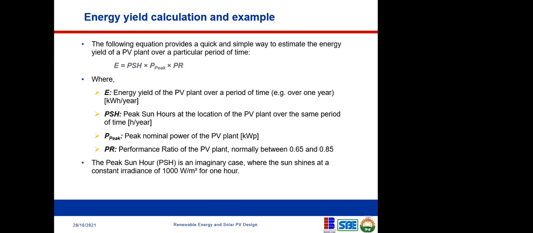The reason I used 500 previously was just for ease of calculation. If it stays at 500 watts per meter square for 8 hours, then pushing it to 1,000 watts per meter square, it's going to be 4 hours.